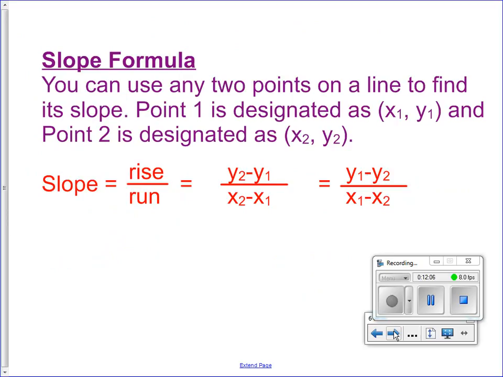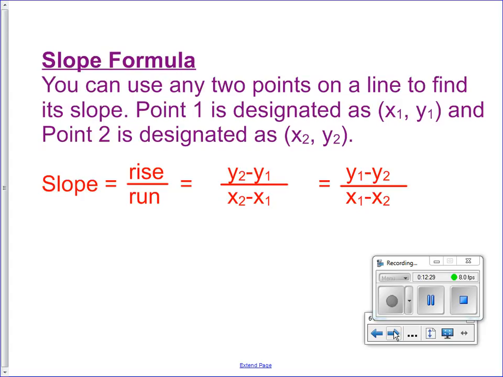All right, so this brings us to the slope formula. You can use any 2 points on a line to find its slope. Point 1 is designated as x sub 1, y sub 1, and point 2 is designated as x sub 2, y sub 2.